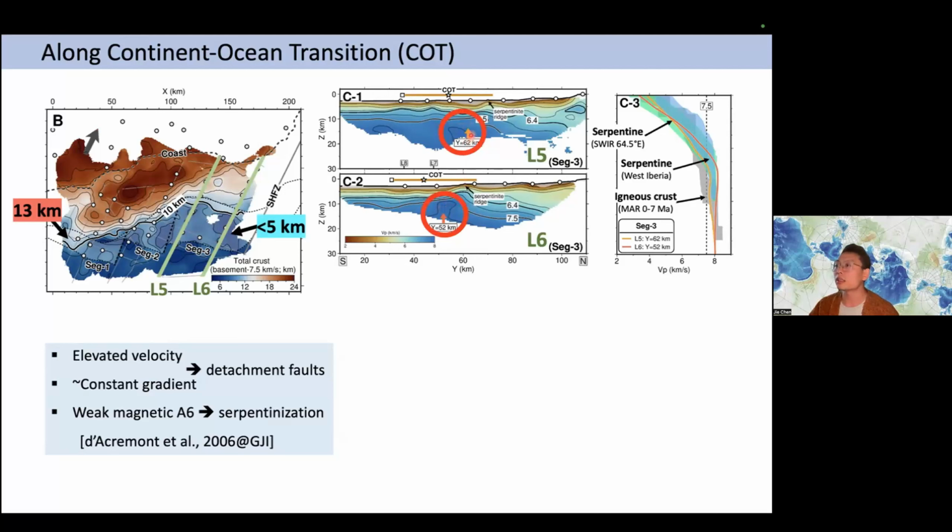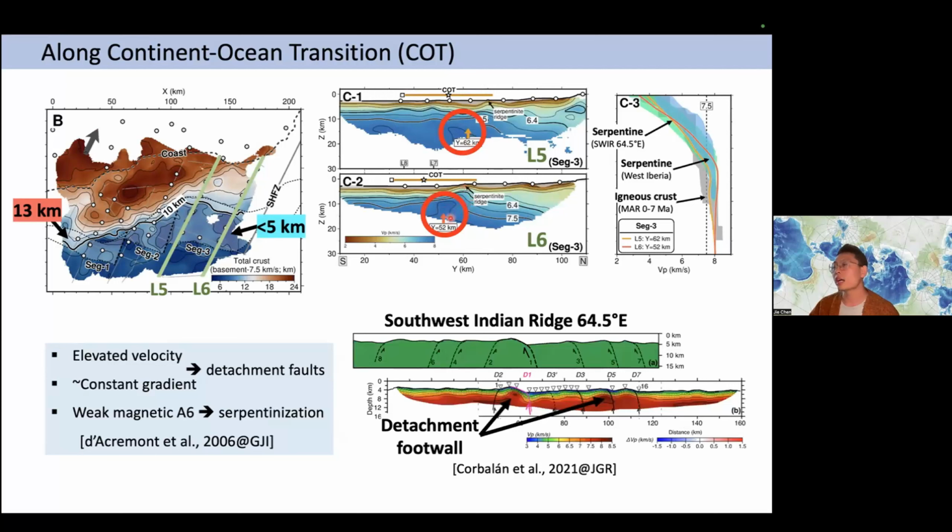This elevated velocity is similar to the magma-poor Southwest Indian Ridge at 64.5 degrees east, where the footwall of the detachment has an elevated P-wave velocity.